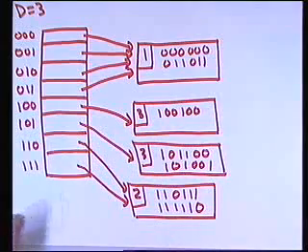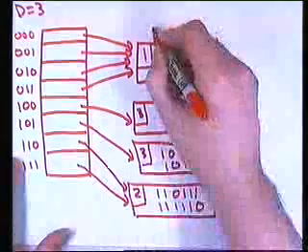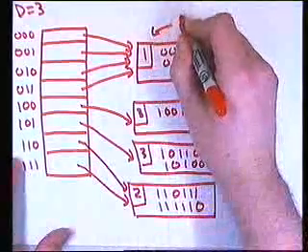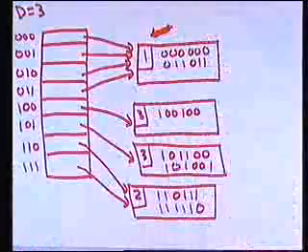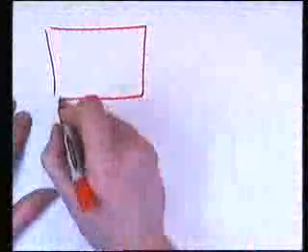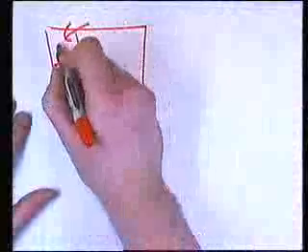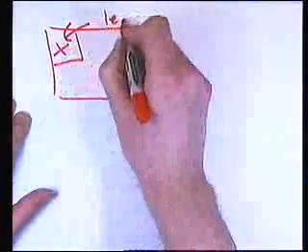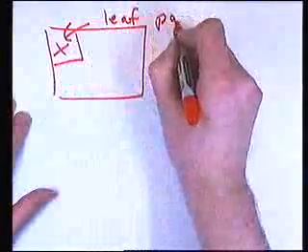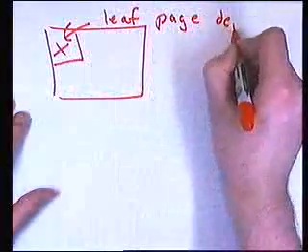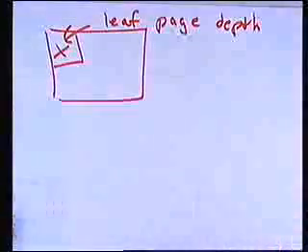So we've got this set up. Let me draw it here. When we have a node, the number here, whatever it happens to be, is the leaf page depth.